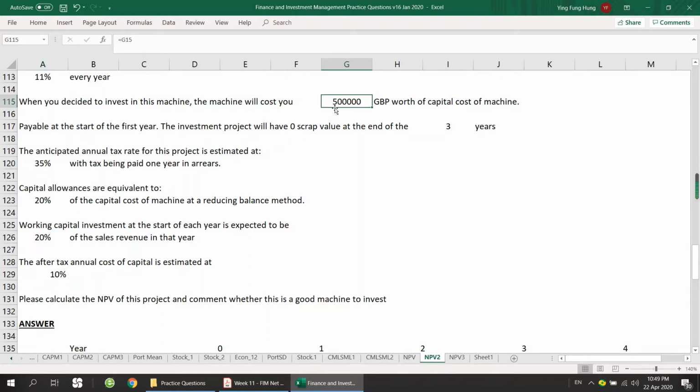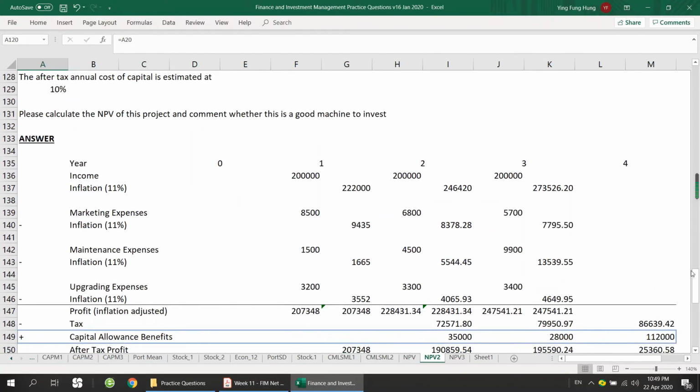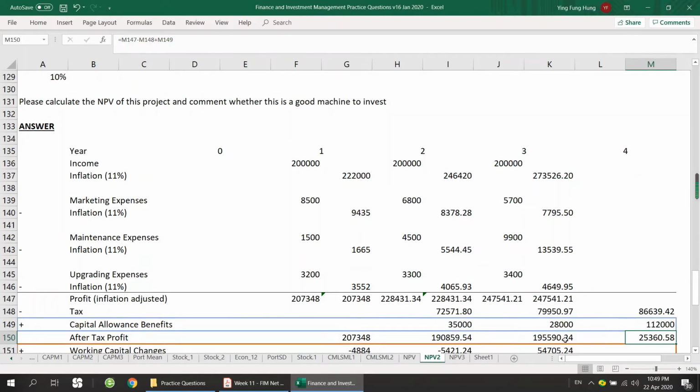This is going to be the whole capital allowance that we can get. However, we have to deduct the previous capital allowance that we got already, which is this 35,000 and this 28,000. So in the third year, we'll have 112,000 left for our capital allowance.